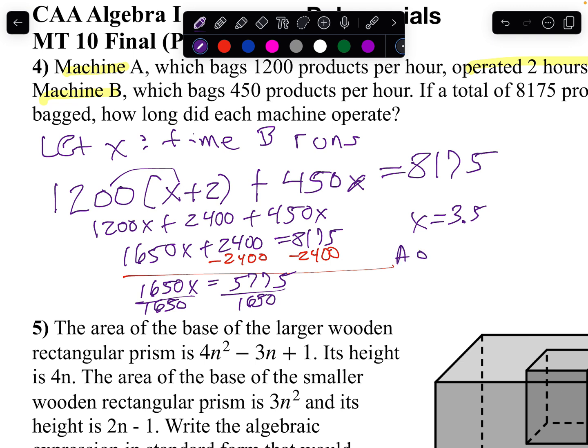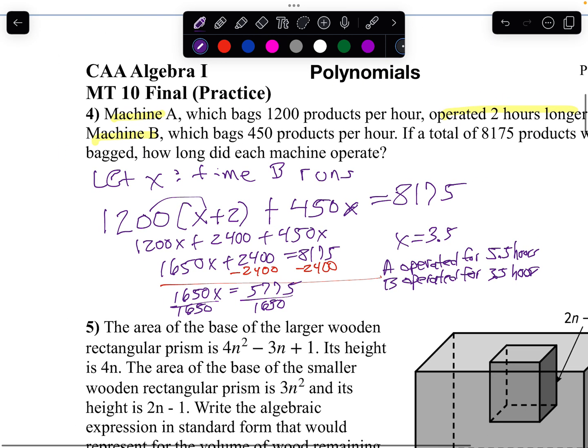So A operated for 5.5 hours. B operated for 3.5 hours. You don't put the hours in there, it's not going to be correct. You got to have the whole thing.